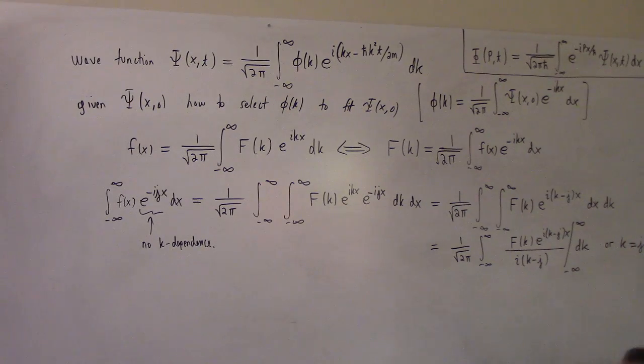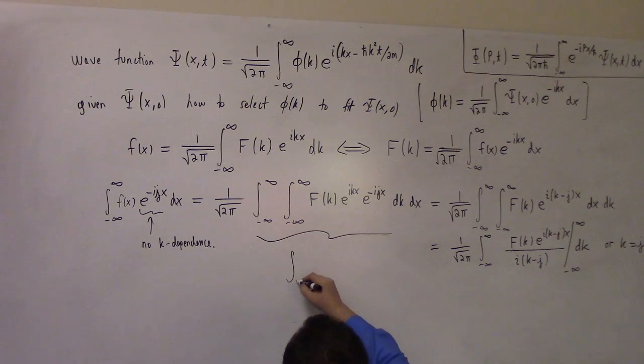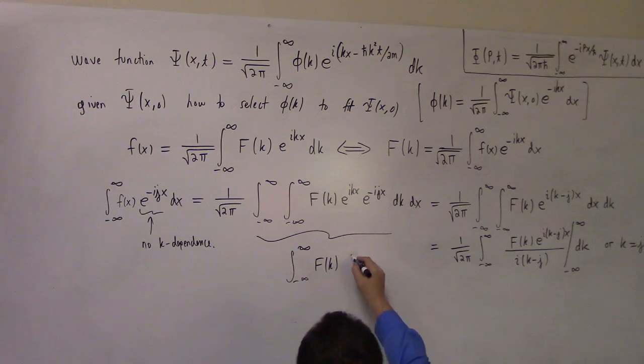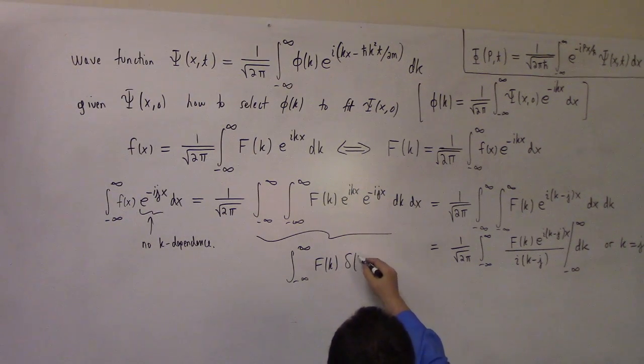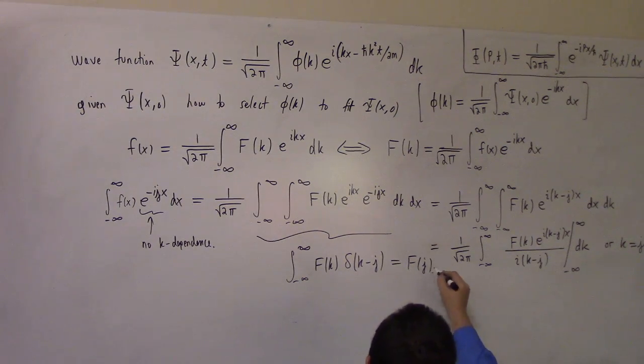Yeah, of course, what I want to tell you is, okay, so this is nothing more than the integral from minus infinity to infinity of f of k times the Dirac delta of k minus j. So clearly that's f of j. And we're done.